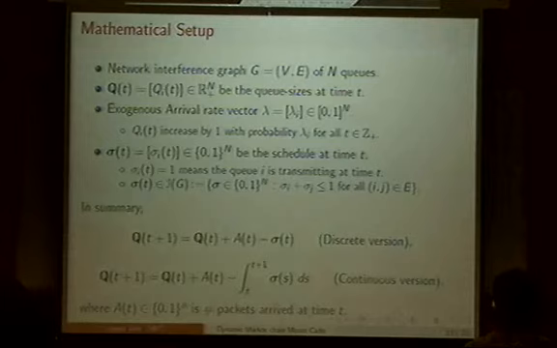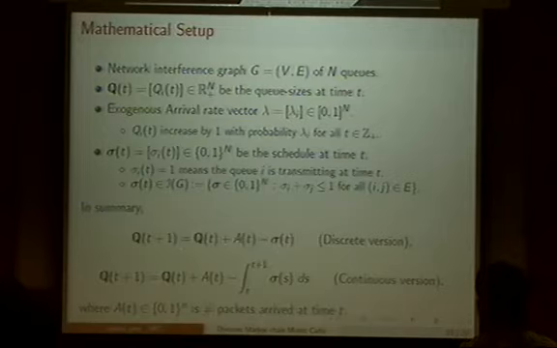If you like the discrete version, Qi t plus 1 is Qi t plus a t minus sigma t. Here a is the number of packets arrived at time t, and sigma t is the number of departures at time t. Therefore, this is plus, and this is minus.